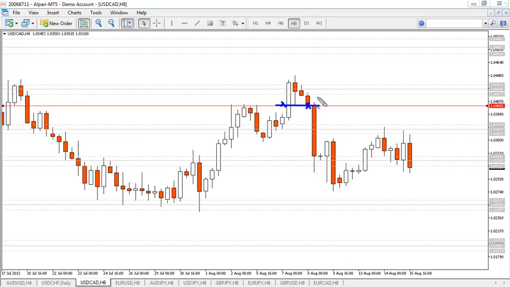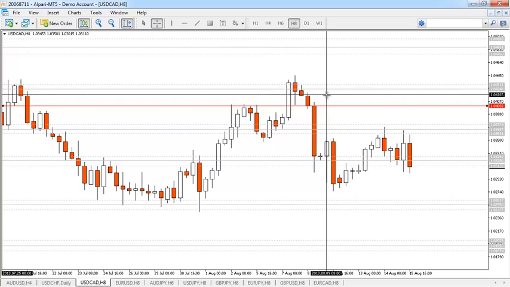It really depends where you want to enter, but my entry level would be here, kind of at the top of the resistance area. That would give me a much better stop loss.